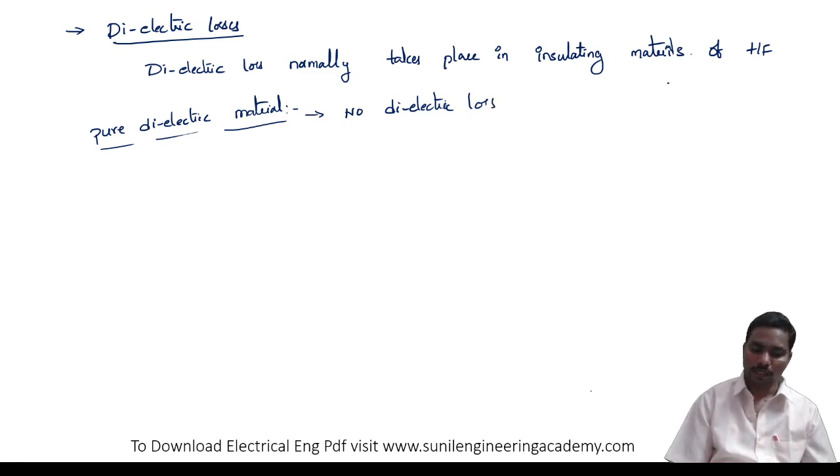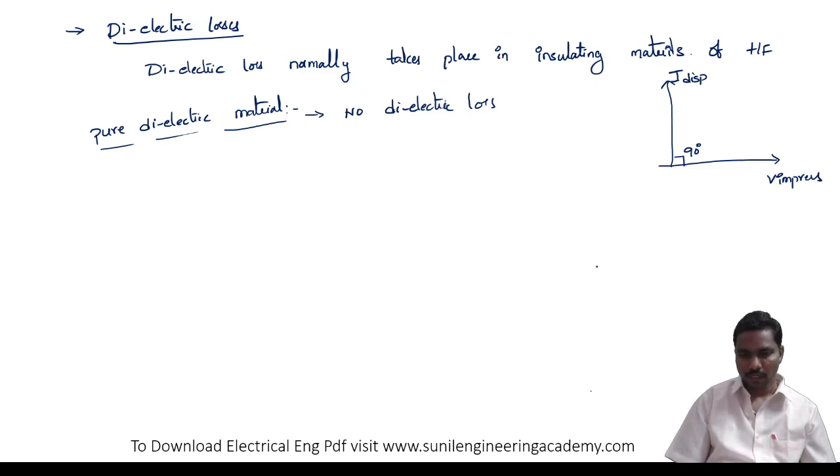Because in case of pure dielectric, the angle between the impressed voltage and displacement current is 90 degrees. So there is no active power. The active power due to this is zero, so there is no dielectric loss.